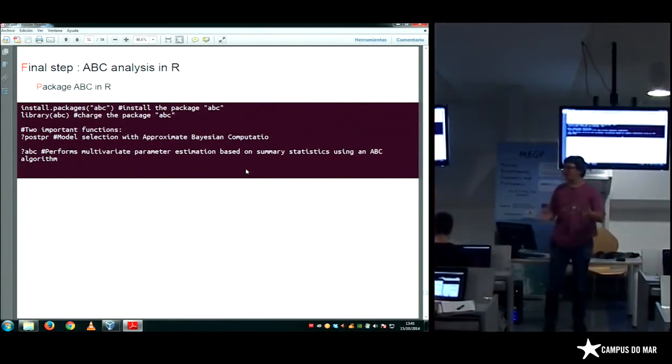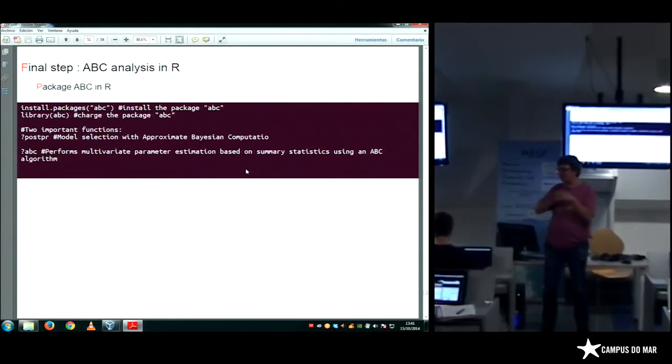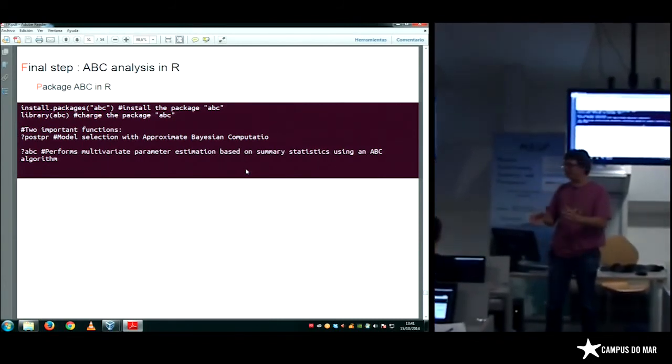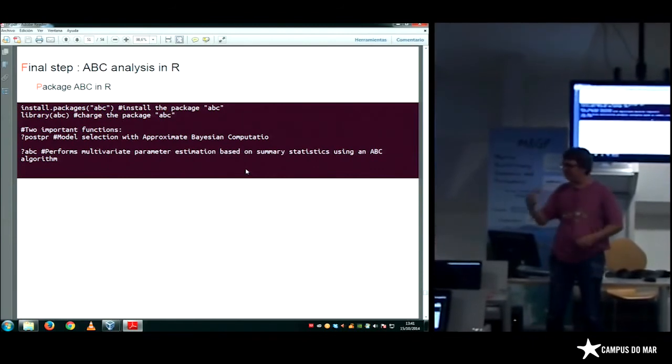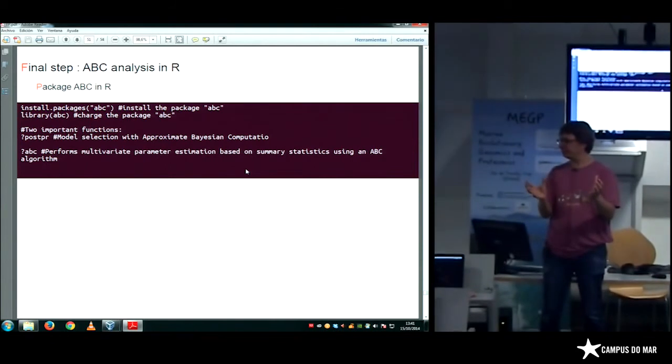Okay, so maybe I should conclude now. So the idea is not to use a script and to use it without doing anything. When you are doing ABC analysis, you have to take some time. First, to well describe your data.